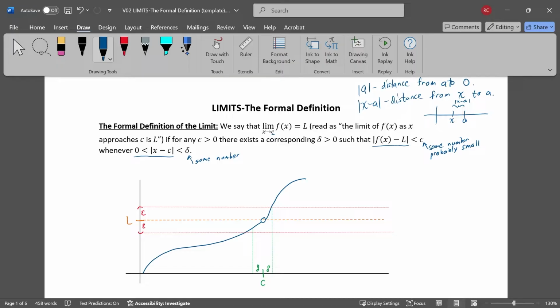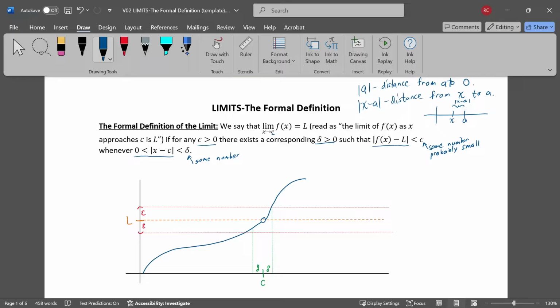So what we're saying is, for any small number, no matter how small I make it, any epsilon, I can find a delta such that my output of the function will be as close to L as I want. That being epsilon is how close I want the output to be to L. Then that will happen whenever the input value is close enough to c.